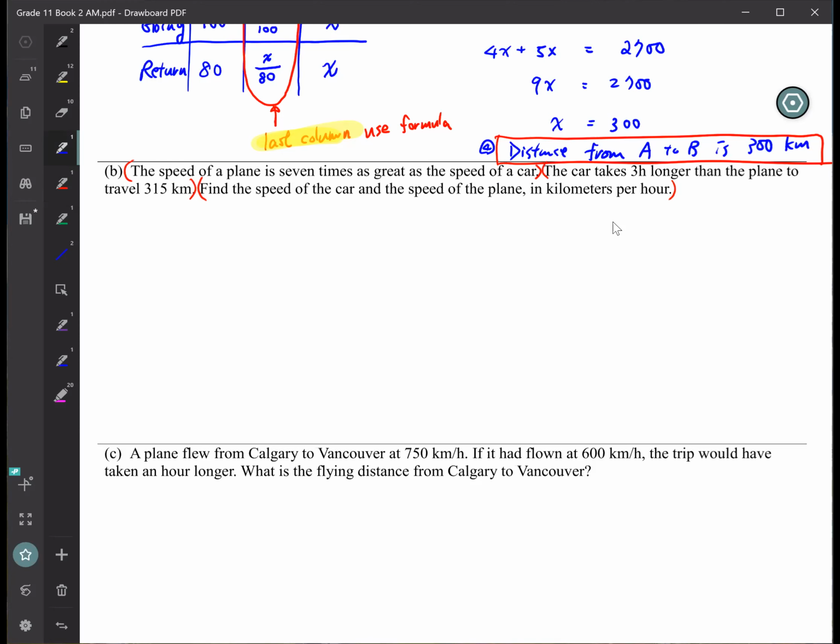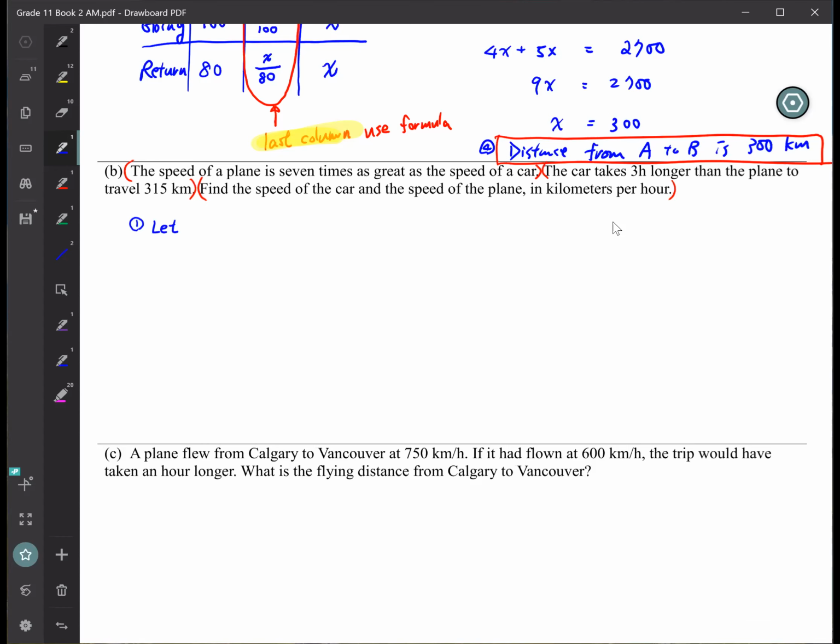So the first question I will ask is, what are we looking for? What should be our let? Any volunteer? What should be the let? Something to be x. That something should be something we want to find.